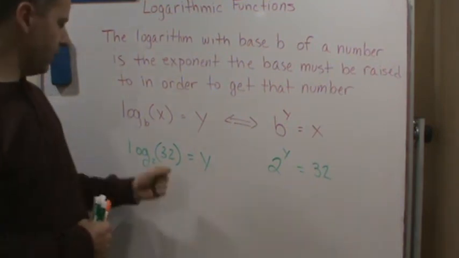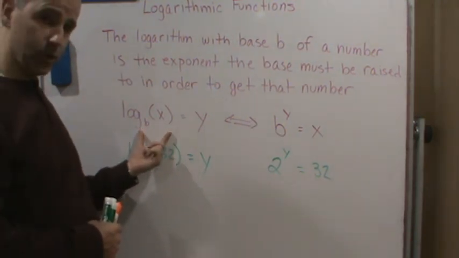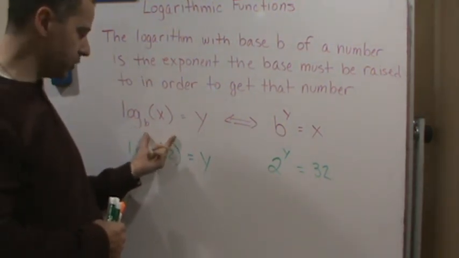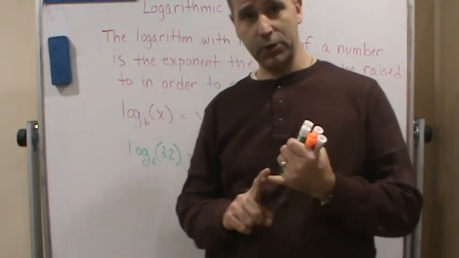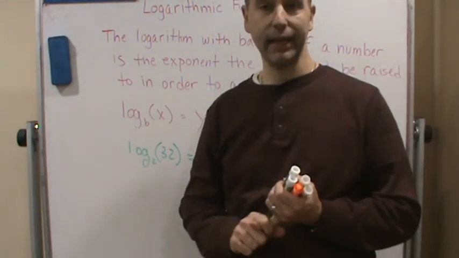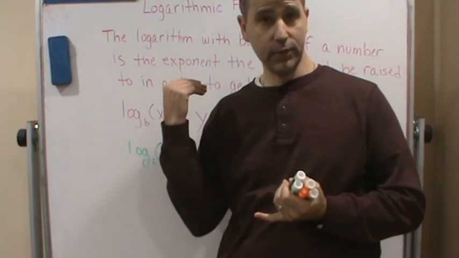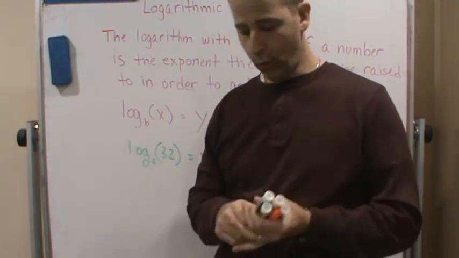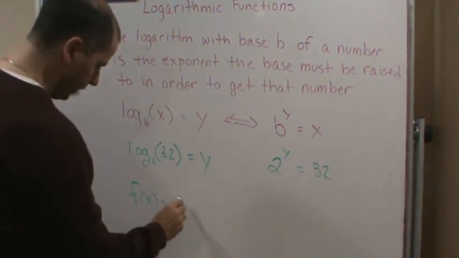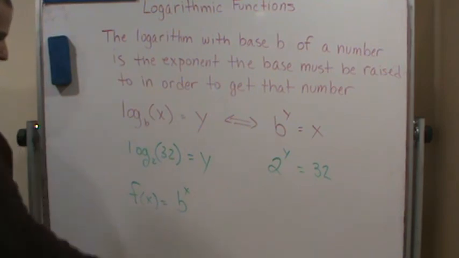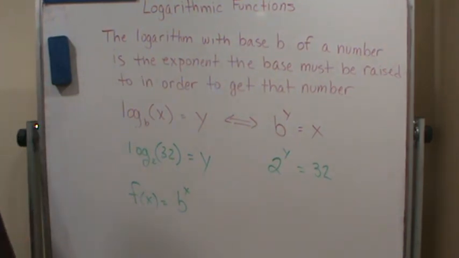Think of it this way: if we take the basic exponential function f of x equal to b to the x, we know from our previous videos what the domain and the range are. The domain is all real numbers. The range is all positive y values, so from 0 to positive infinity.